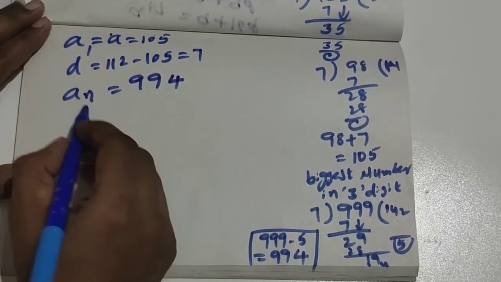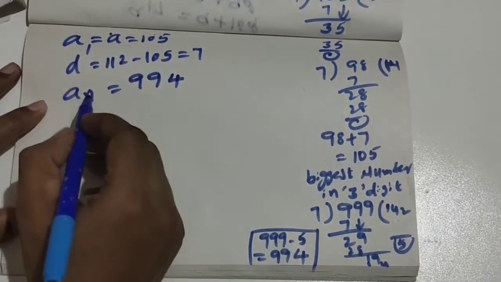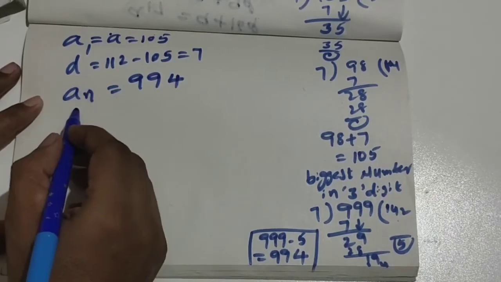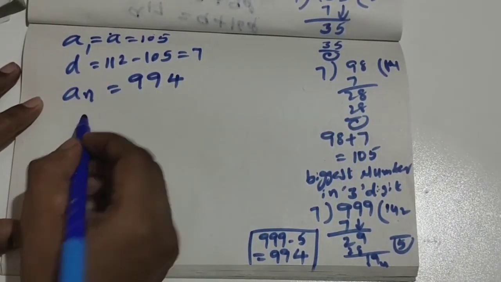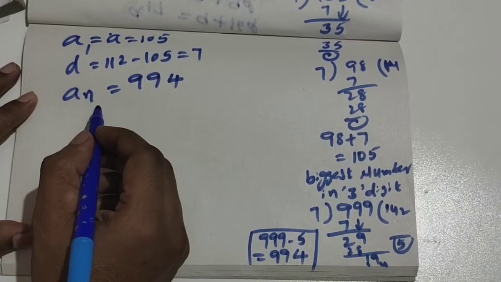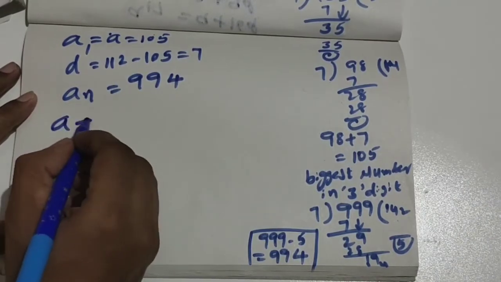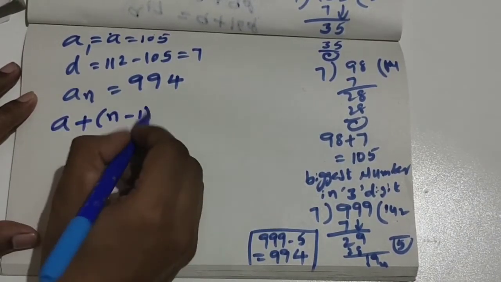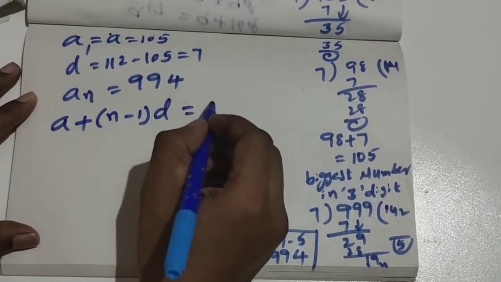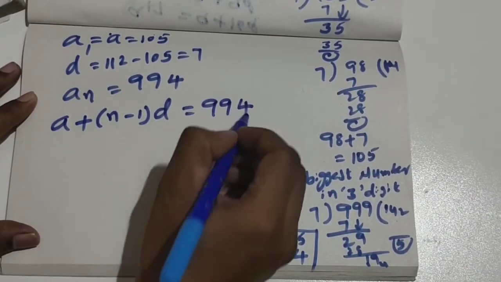Okay, by substituting the A value and D value in the formula of AN, we easily get the number of terms which are divisible by 7. So the AN formula is what? A plus (n minus 1) into D is equal to 994.